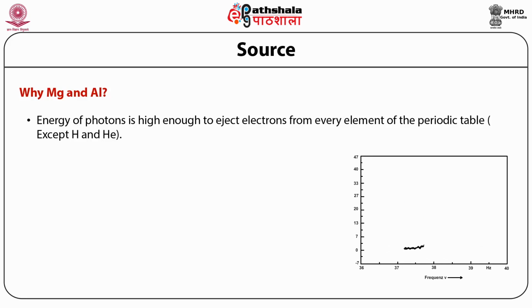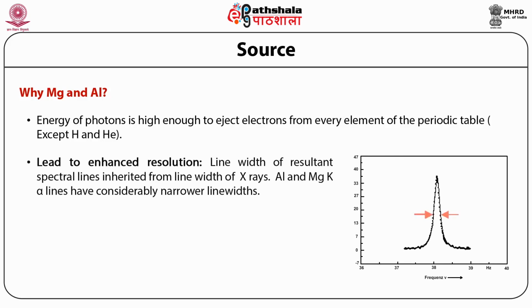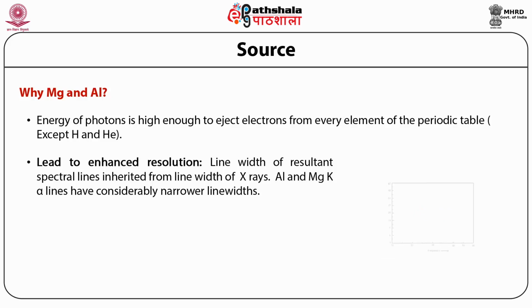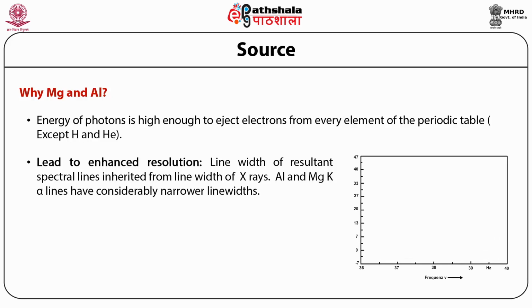Magnesium and aluminum, when we use them, lead to enhanced resolution. Line widths of the resultant spectral lines are inherited from line widths of the X-rays produced. Aluminum and magnesium lines have considerably narrower line widths.